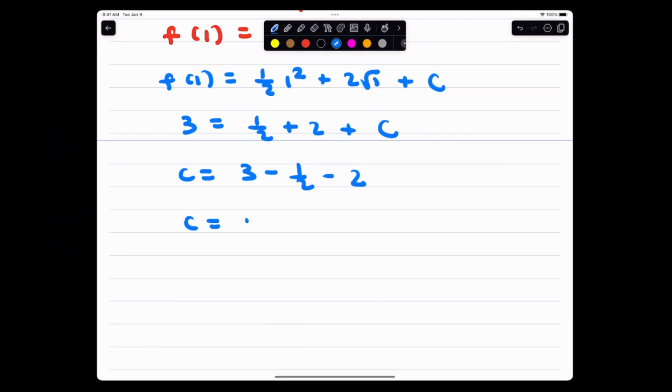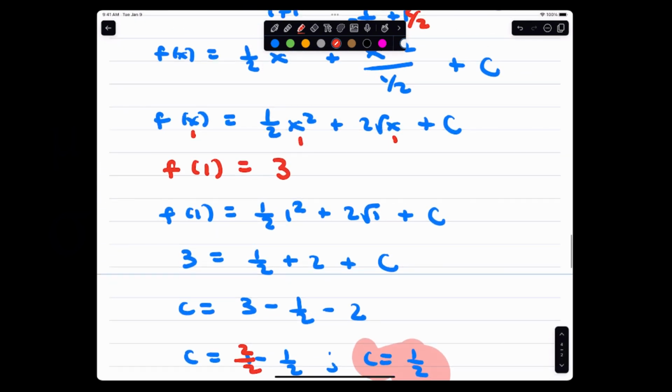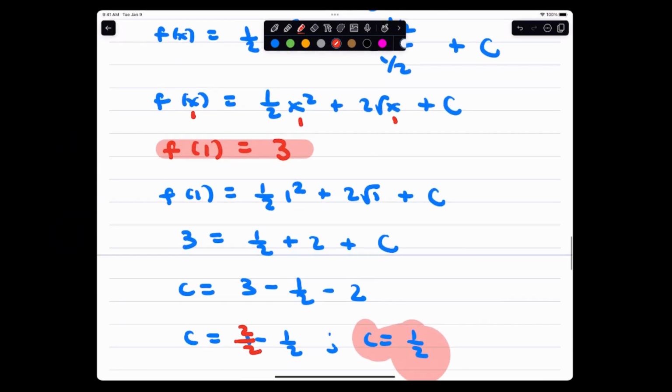Okay? So now you get 1 minus 1/2. What does that mean your c is going to be? 2 over 2 minus 1/2, so 1/2. The condition will always give you your constant, and that's what you're looking for. You're going to get the particular solution here.